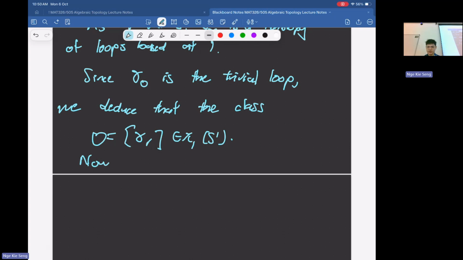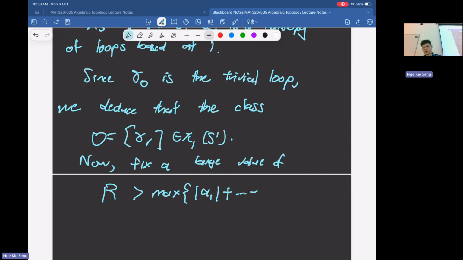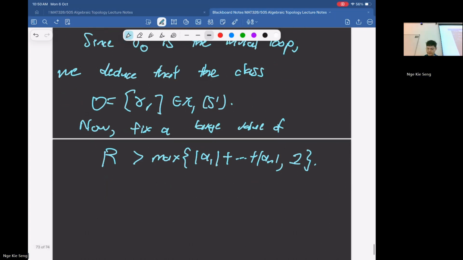Okay, then where's the contradiction here? So let's build a contradiction. Now let's fix a large value of R greater than the maximum of absolute A1 up to absolute AN and 1. Either we choose 1, or we choose the sum of these AI.